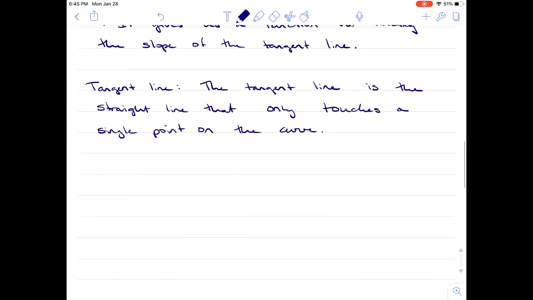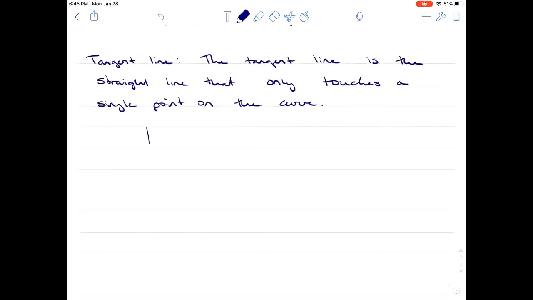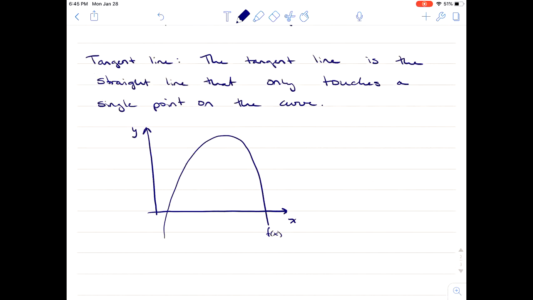So what it looks like is if we have something like this, we've got our x and our y axes, and let's pretend we have a function that looks something like this. That can be our f of x. So any function, f could look like this if we wanted to.